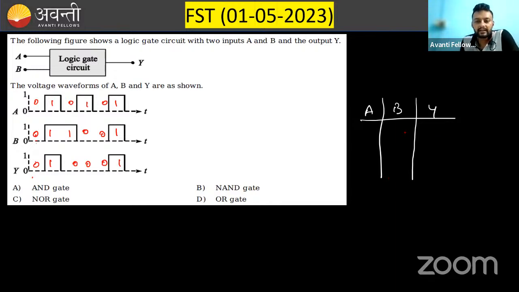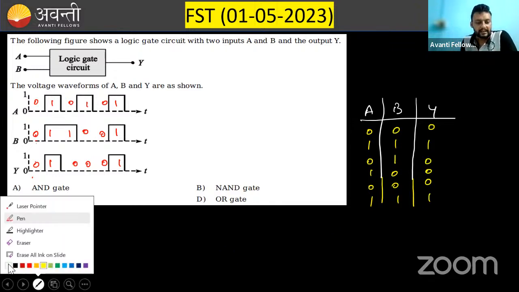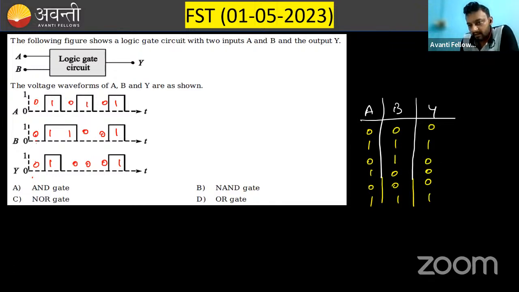Now, either you can write it in the truth table or you can directly see from there. For simplicity, I am writing it in the truth table. A is 0, 1, 0, 1, 0, 1. B is 0, 1, 1, 0, 0, 1. And Y is 0, 1, 0, 0, 0, 1. Now we need to identify the gate. One thing you can see here: 0 and 0 is 0.